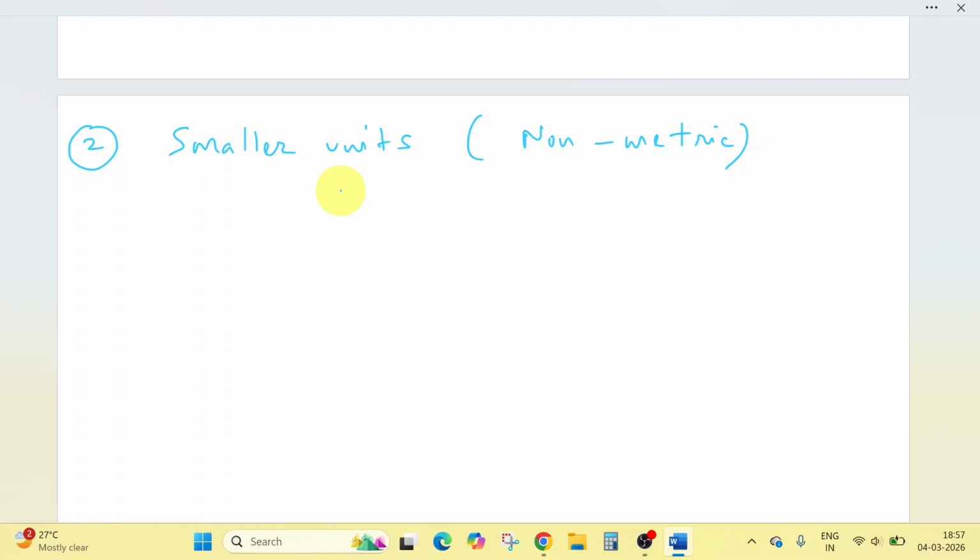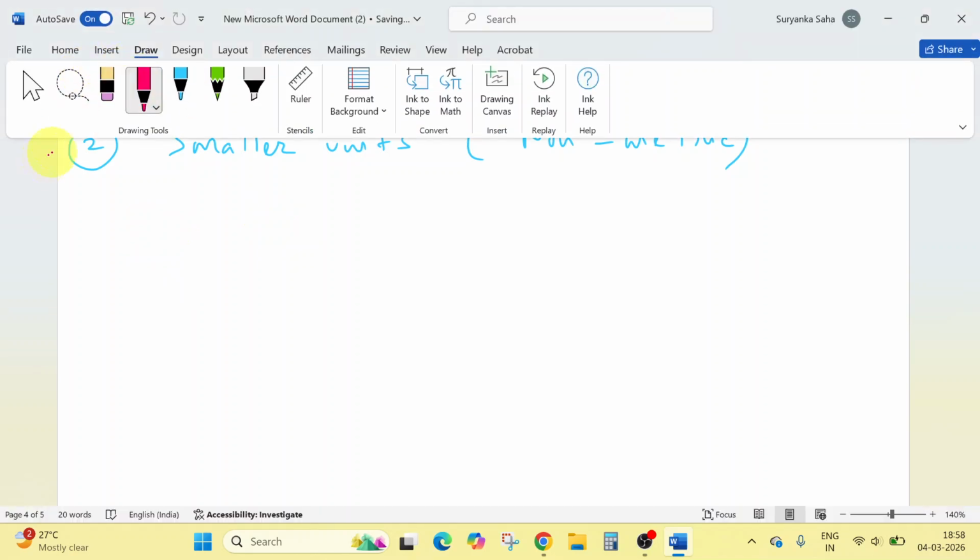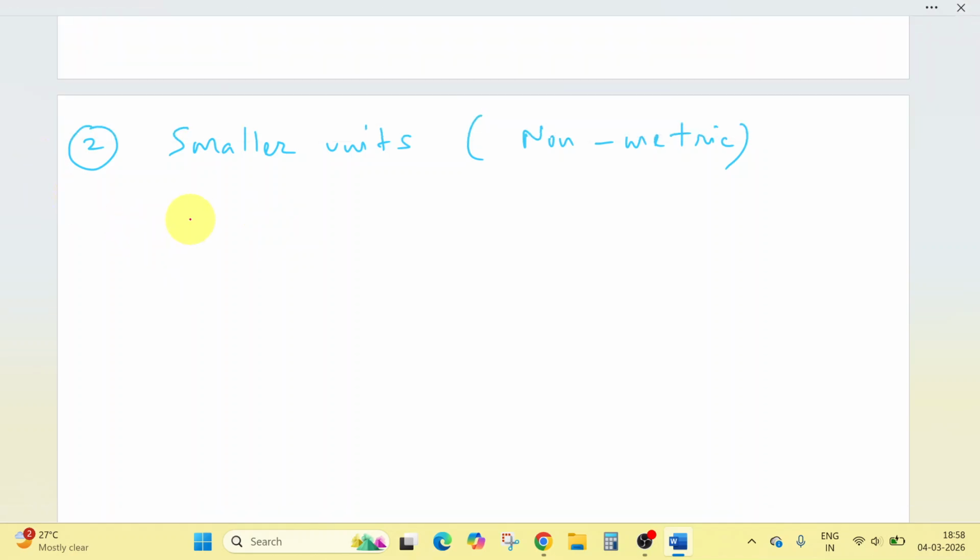But here I will say angstrom. In this name there is no word called meter, but it has a relation with meter. That is a different issue. Okay, so smaller unit. First we will learn angstrom.